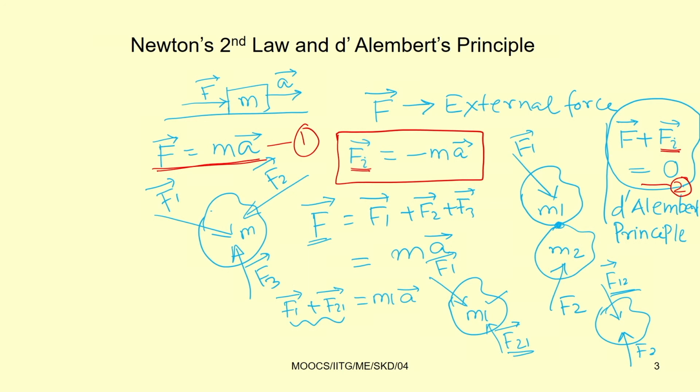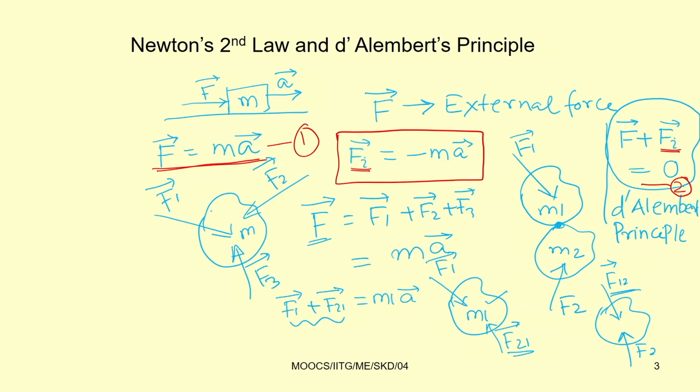So by applying the D'Alembert principle we bring the dynamic system to an equivalent static system, where we can apply the virtual work principle. That is the advantage of using the D'Alembert principle. Later we will see the generalized D'Alembert principle also.